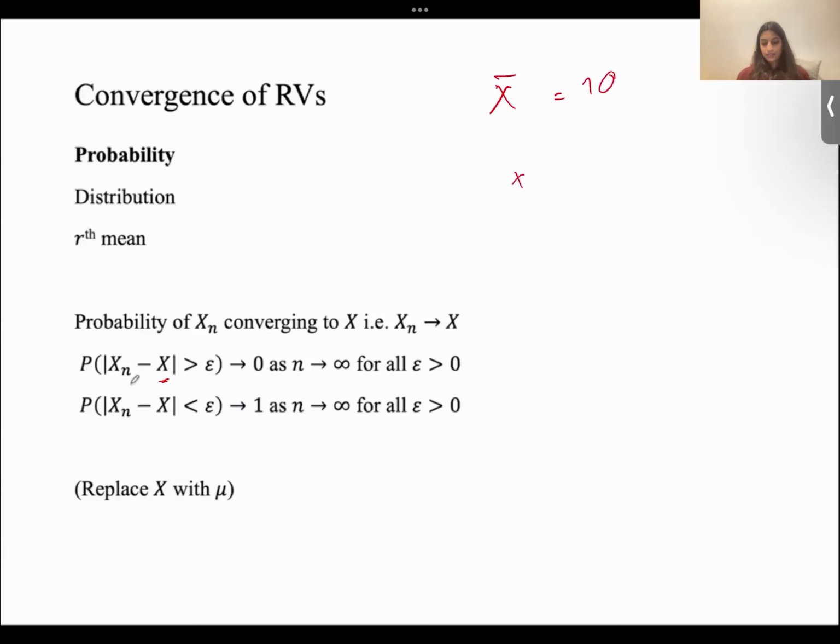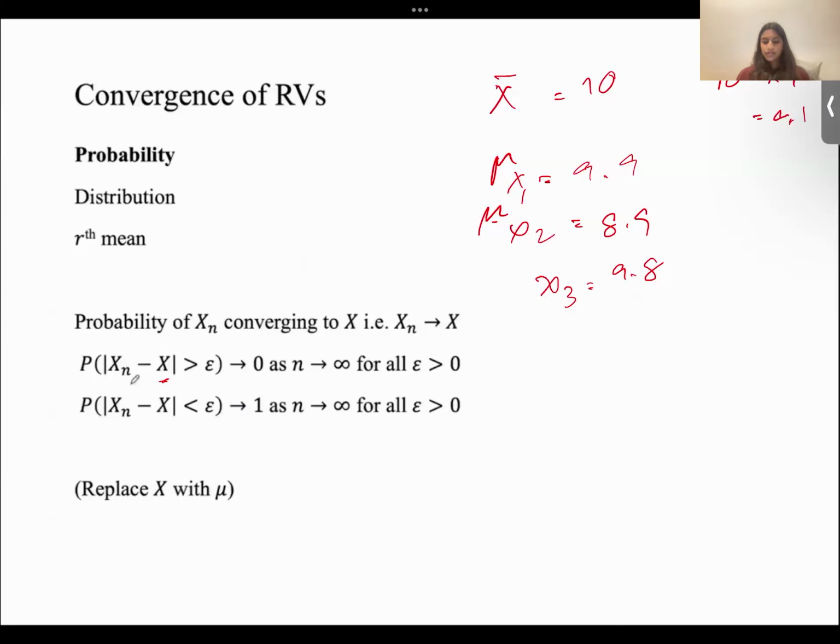I have different samples: the mean of x1 could be 9.9, x2 could be 8.9, x3 could be like 9.8 and so on. Ideally you would want them to be closer to 10. And how will you know if they're closer to 10? They are closer to 10 if the difference, 10 minus 9.9, is very small.